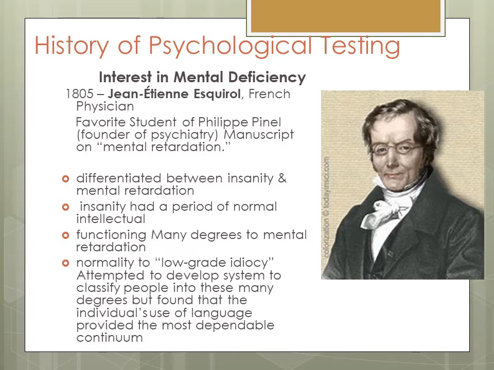Next, Esquirol also contributed that there are many degrees of functioning in mental retardation. He explained that mental retardation is not simply idiocy; there are levels. In abnormal psychology, we have global developmental delay and autism spectrum disorder.